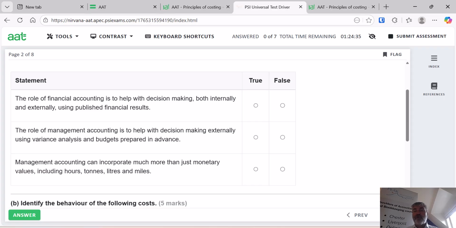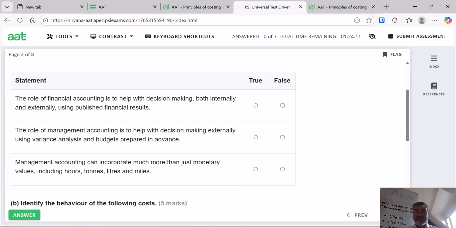The reason for producing these annual statements is essentially for external stakeholders of the business. This could be investors, potential investors, banks and other lending institutions. It could be suppliers or indeed major customers.